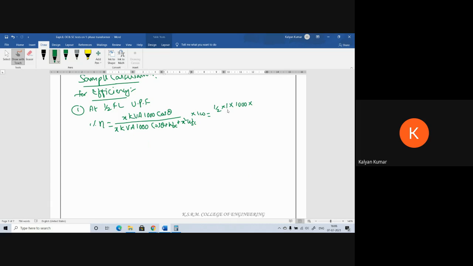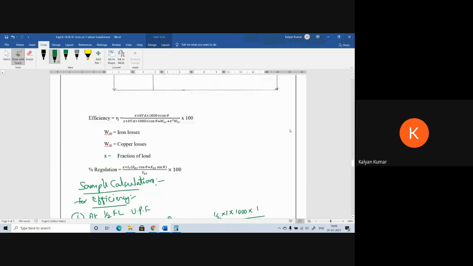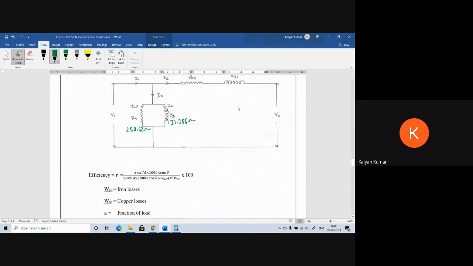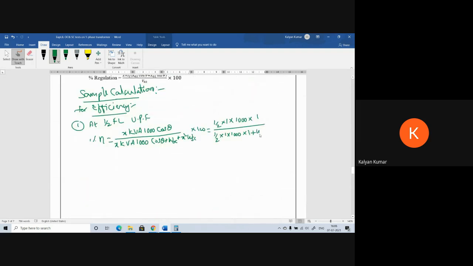The power factor we have taken is 1 here, so half into 1 into 1000 into 1, plus WOC, the open circuit test wattmeter reading, 40, plus X square, which is 1 by 2 square, into WSC, 50, into 100.